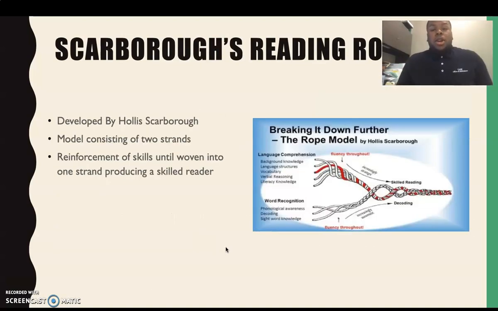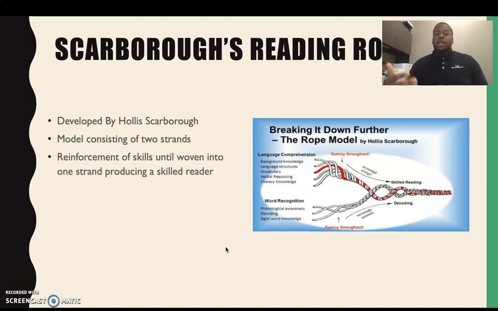So this leads us to the Scarborough reading rope. It was developed by Hollis Scarborough. It starts off with two strands, and those two strands are very, very important. Word recognition and language comprehension are two important things when it comes to reading. In grade school or high school, we read to be reading, and we understood the information, but did we actually attain the information?